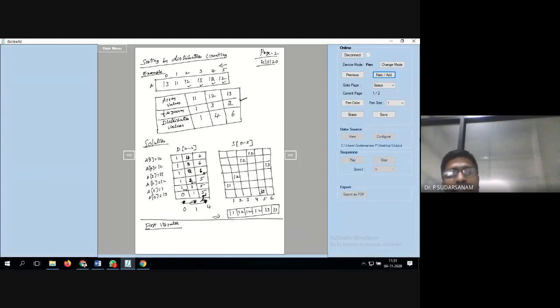Okay. The element is A of 5 is equal to 12. So for 12, the distribution is 4. Distribution is 4, so the element should be placed in the fourth position.